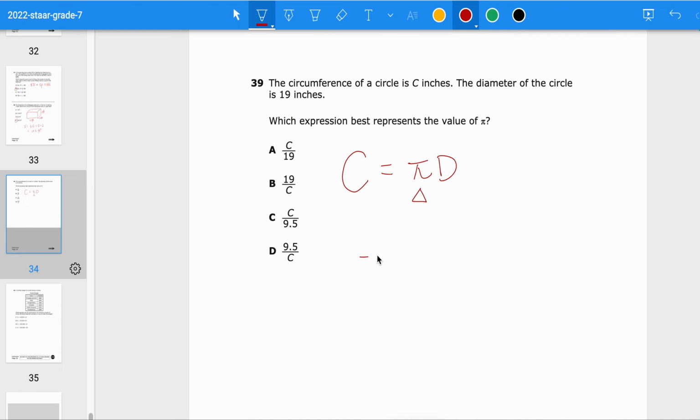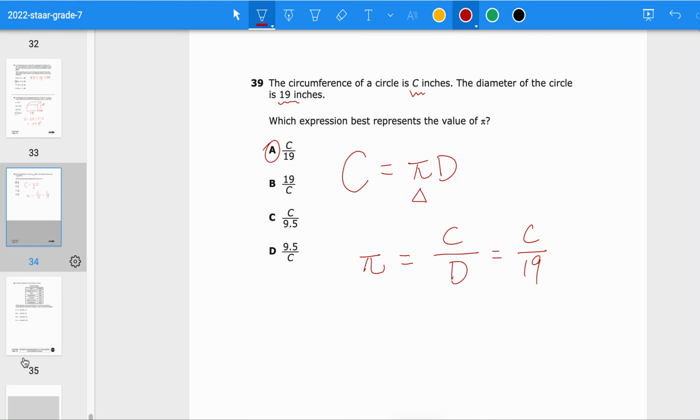So this is what we want to find. Pi equals, we divide by d on both sides to remove the d on the right side. So that is C over d. C in this question is still C. We don't have any number to represent it. D, we know it is 19 inches. So we plug in the number, that's C over 19. So A is correct.